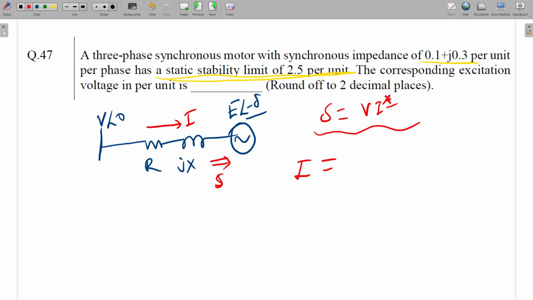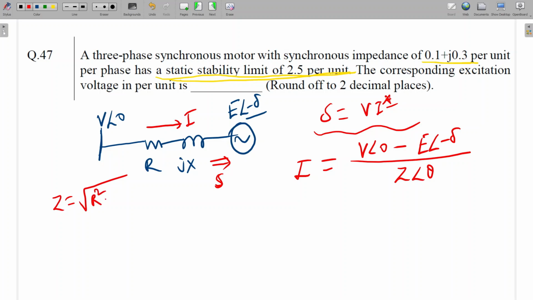In that case, plus-minus confusion will not be there. You see how I am doing. I is equal to V angle 0 minus E angle minus delta, divided by Z angle theta. Z is equal to the square root of R square plus X square, and theta is tan inverse of X by R.